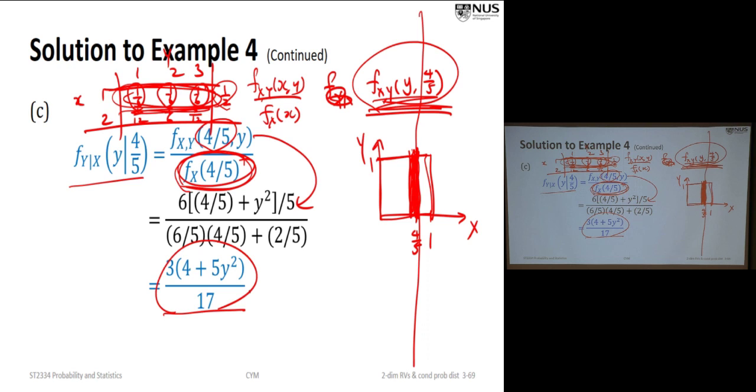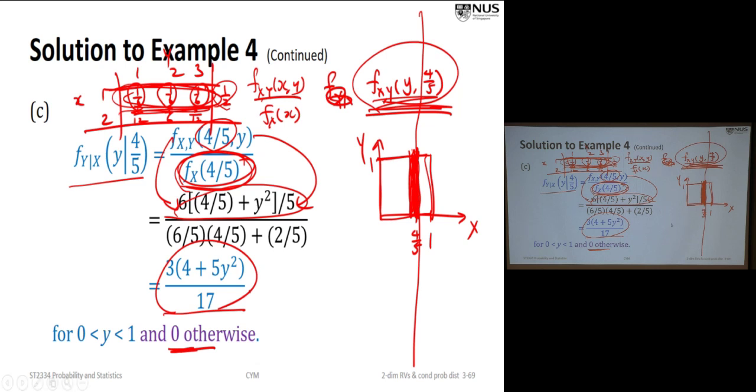Outside that range, this will be 0 for other y values. So the joint PDF will be 0, and therefore the conditional distribution will be 0.